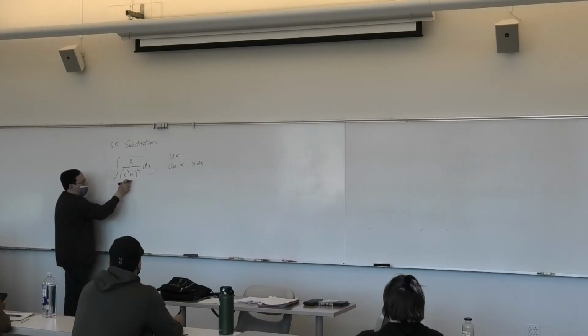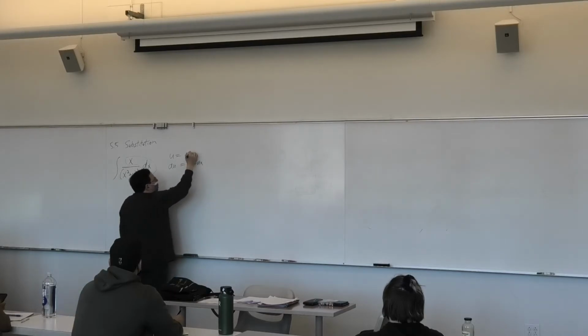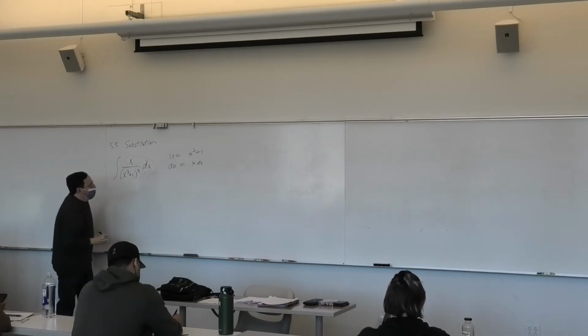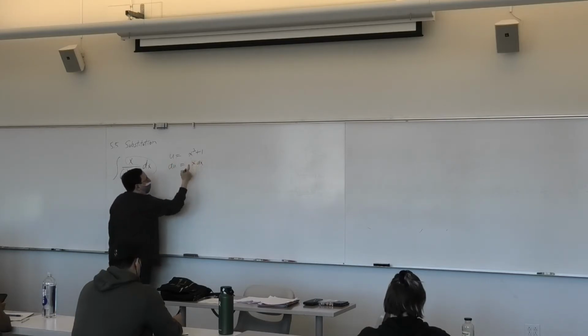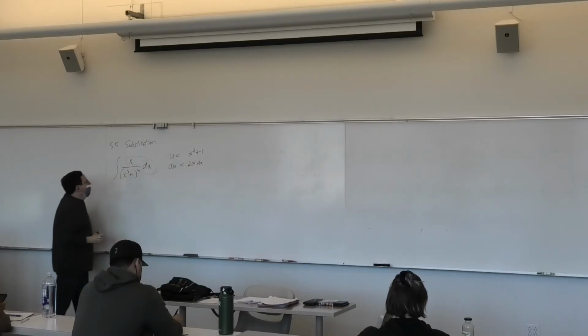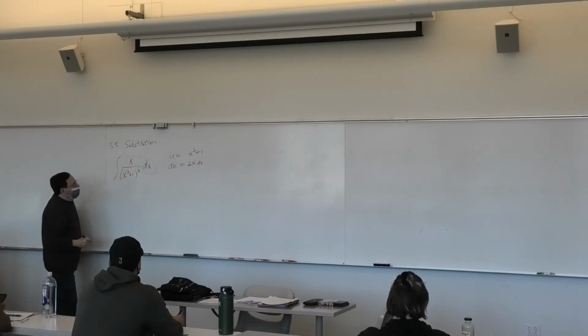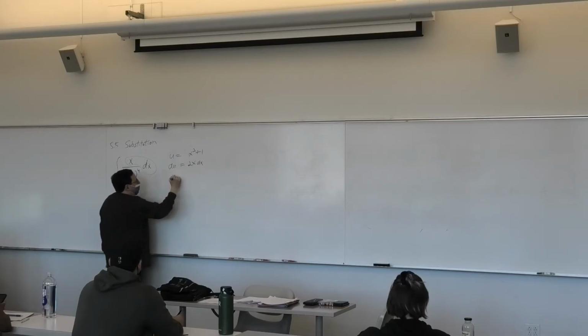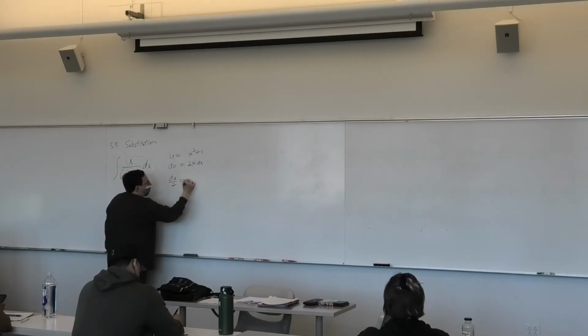Well, again, it may not be obvious, but there is kind of a substitution here that would do that for us. If I say u is x squared plus 1, and du is just going to be 2x, which is pretty close, right? Du over 2 is x dx.